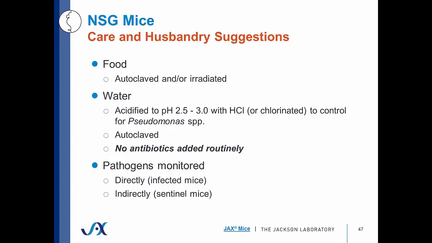We also autoclave our water, and we do not routinely add antibiotics just because we have not found that to be particularly efficacious in preventing bacterial infection. And finally, we recommend that you monitor pathogens both directly in infected mice and indirectly using sentinel mice.